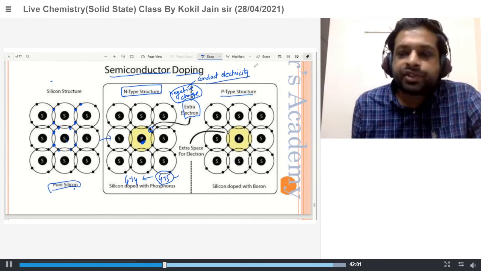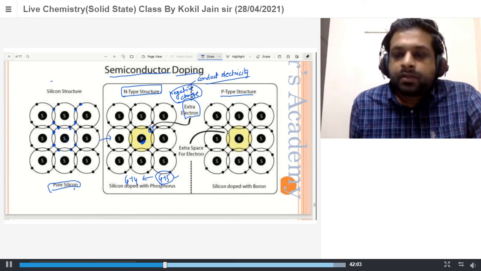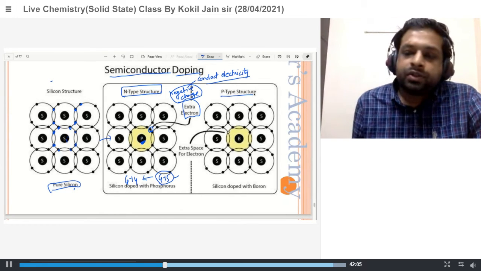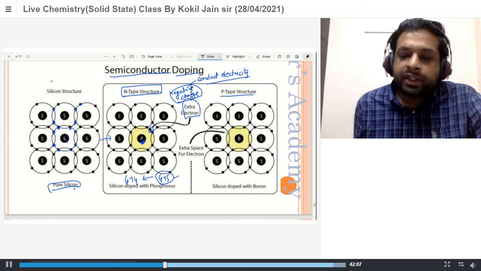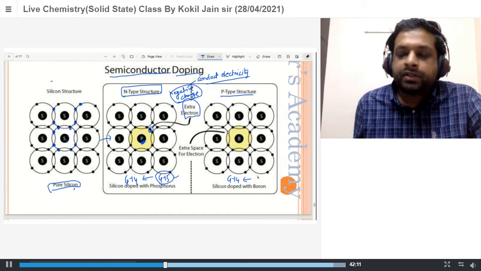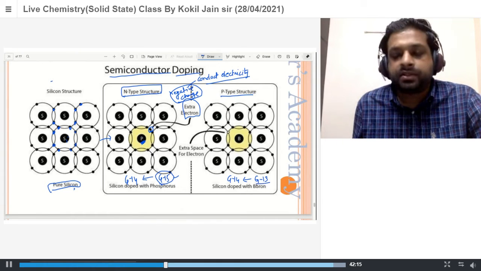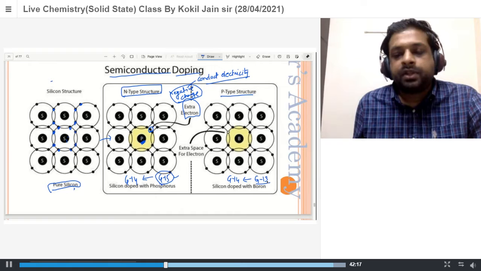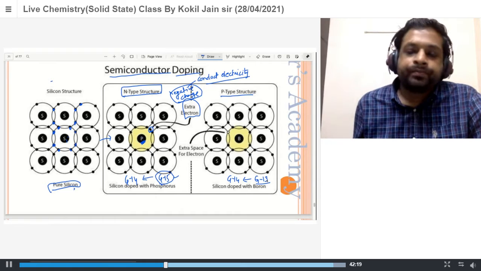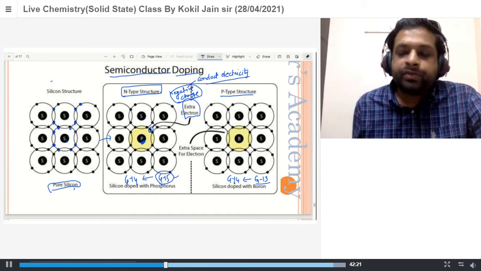In this type of structure, we are doping group 14 elements with a group 13 metal. Okay, now see here, silicon when doped with boron.